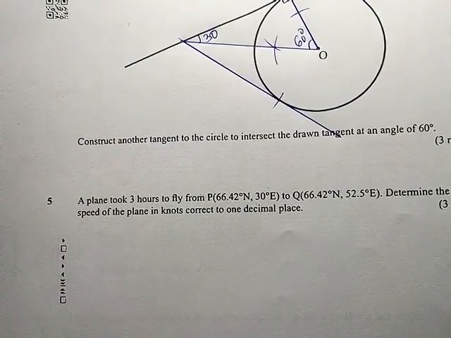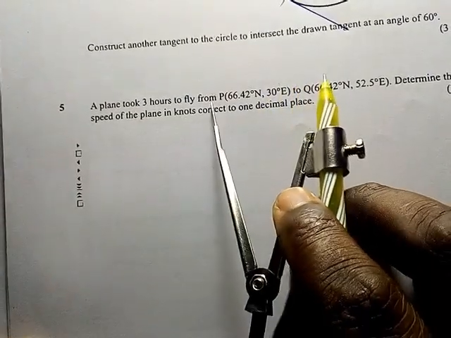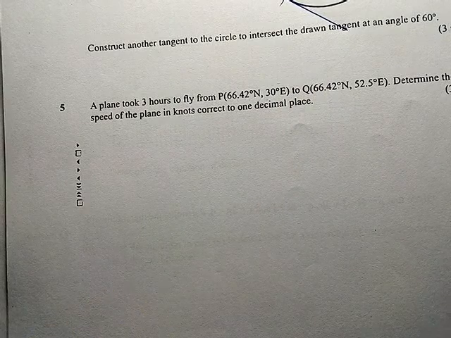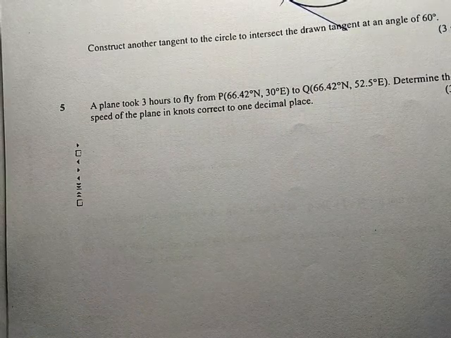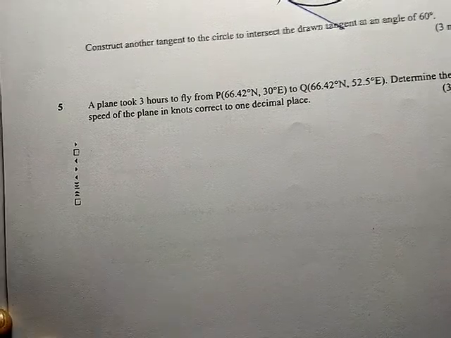A plane took 3 hours to fly from P to Q. Determine the speed of the plane in knots, correct to 1 decimal place.